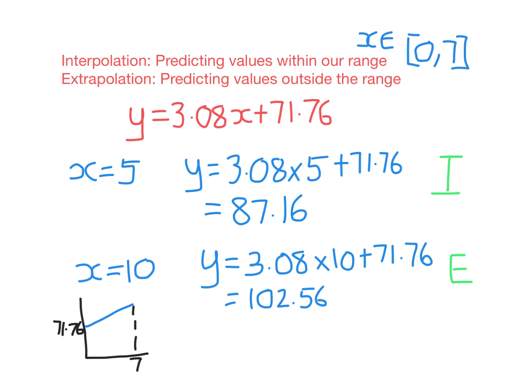We don't know what's going to happen after 7. We don't know if the line's going to continue like that or if it's going to get steeper. It could even drop off. There could be a phenomenon whereby if you overstudy, you do poorer in the exam. We just don't know which of these it is, and that's why extrapolation is problematic. That's why we can't be sure if someone does 10 hours of study, if this equation will still apply to them.